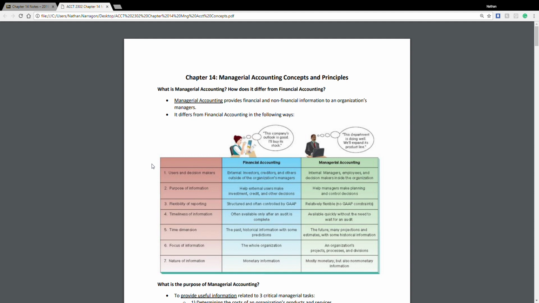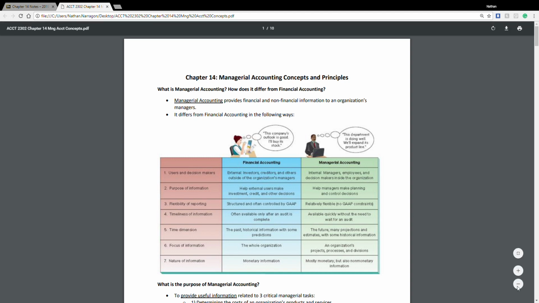So we were mostly focused on doing financial statements. Here, we are now focusing on the internal: our managers, employees, anybody working for the company that will make decisions.